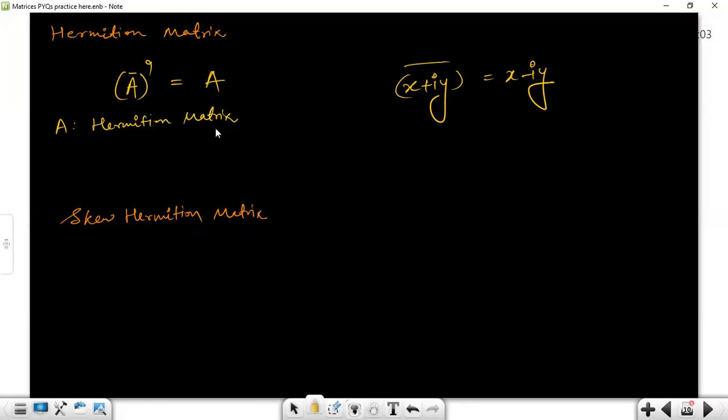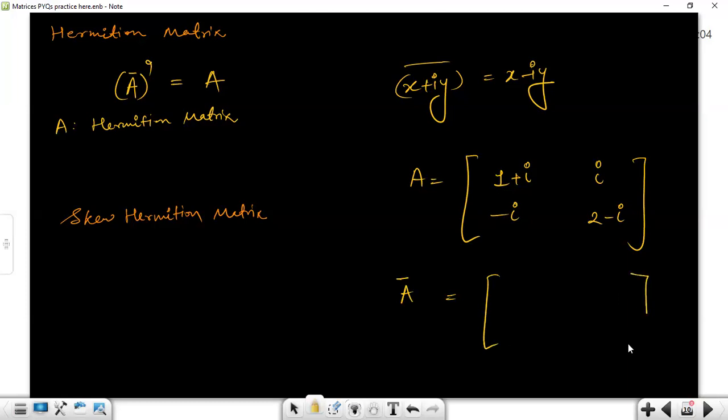Let me try to give an example. Let's say A is a matrix having 1 plus iota, 1 plus iota, and 2 minus iota here, and iota and minus iota here. So let's find its conjugate first. For finding its conjugate, we simply change the sign of the imaginary part of the complex number.